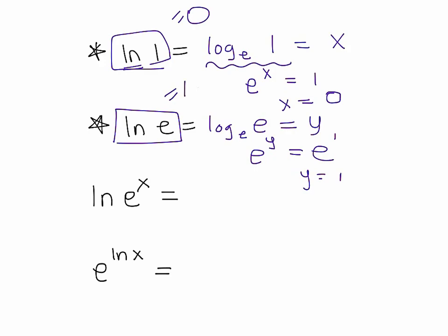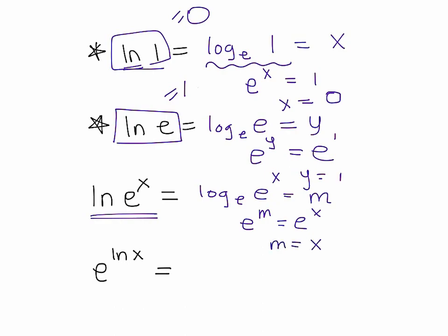Alright, so ln of e to the x. What is that equal to? Well, ln means log base e of e to the x. So if I let this be equal to m, this means e raised to the m is equal to e to the x. What is m equal to? x.